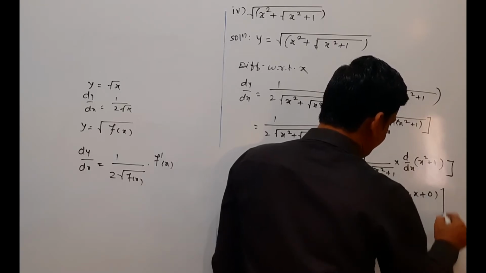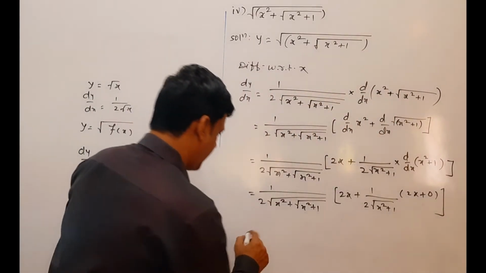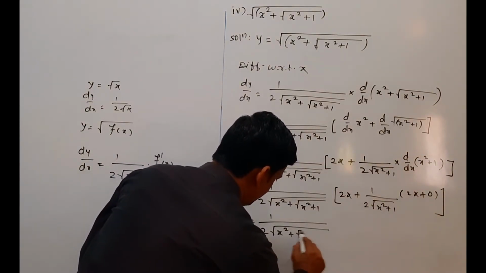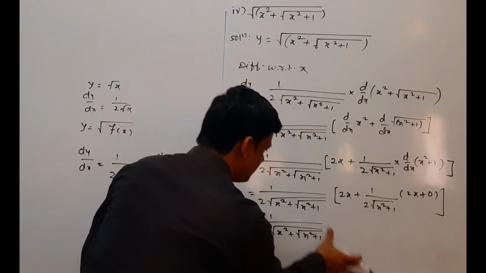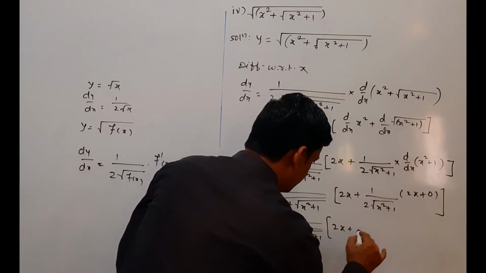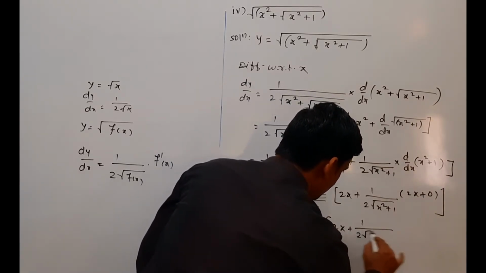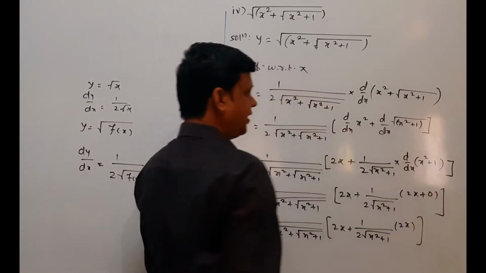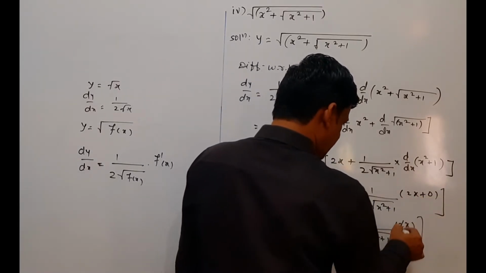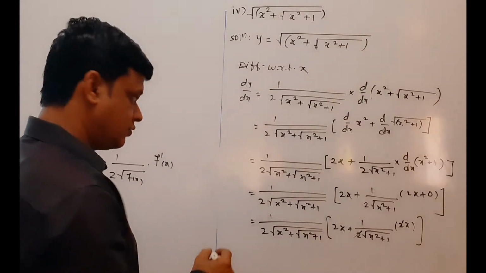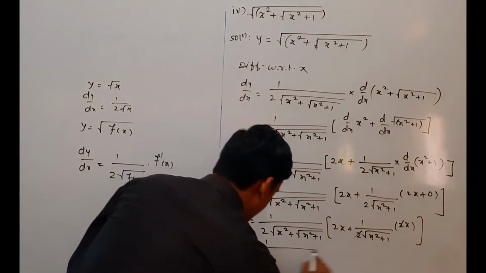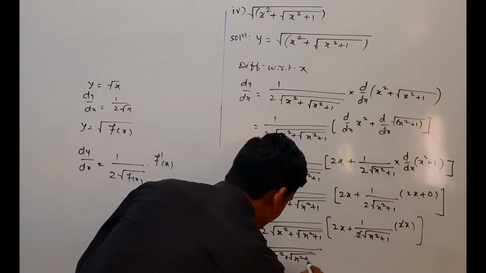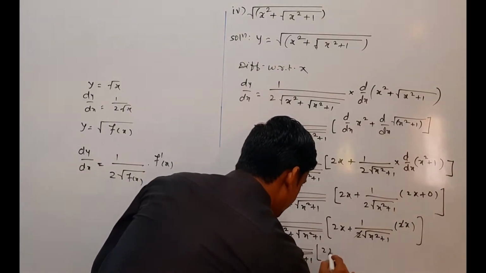So in the next step we write here 1 upon 2 root x square plus root x square plus 1 in bracket 2x plus 1 upon 2 root x square plus 1 into 2x, because 2x plus 0 is 2x. So these 2 get cancelled.